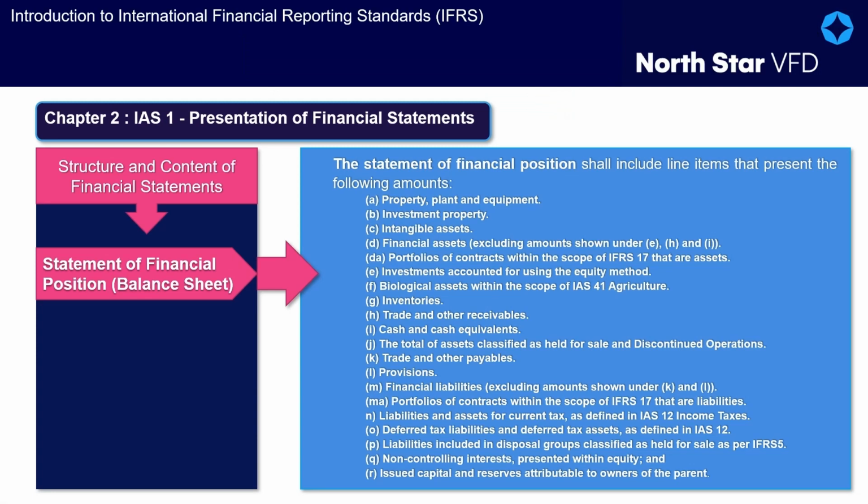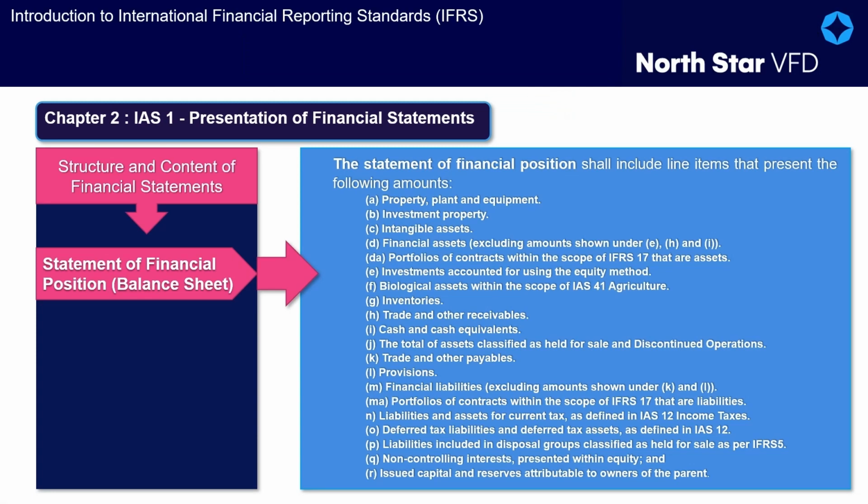11. The total of assets classified as held for sale and assets included in disposal groups classified as held for sale in accordance with IFRS 5 Non-current Assets Held for Sale and Discontinued Operations. 12. Trade and other payables. 13. Provisions. 14. Financial liabilities, excluding amounts shown under 12 and 13. 15.